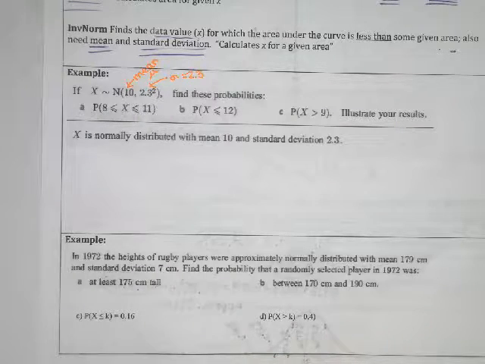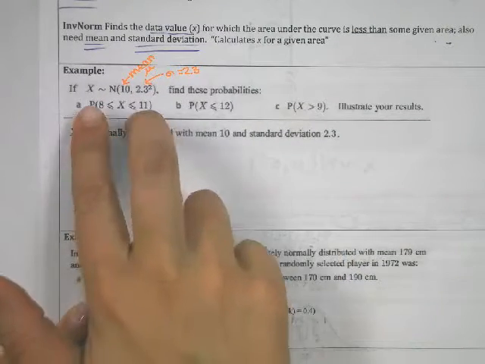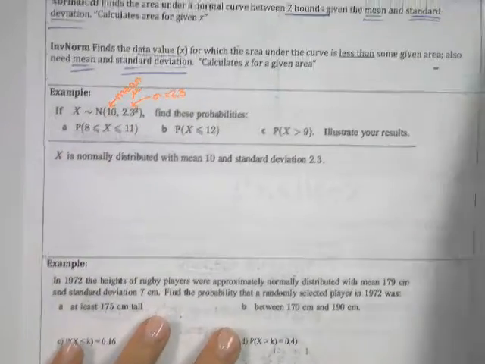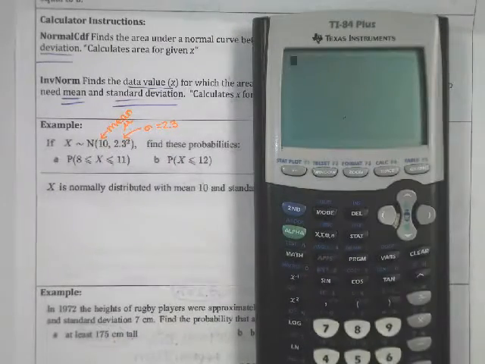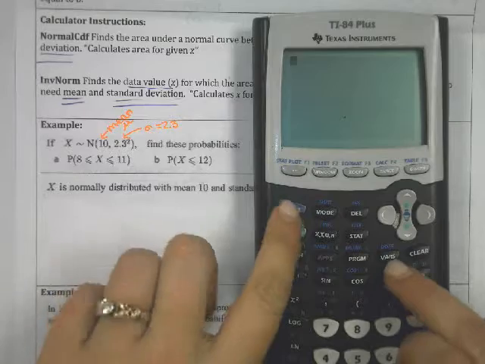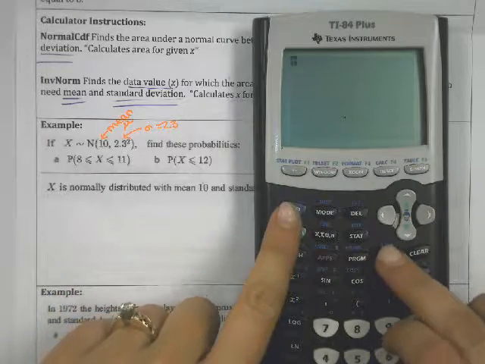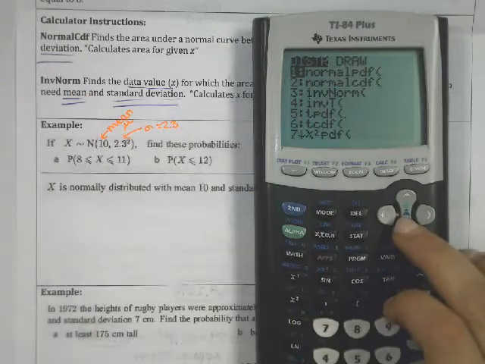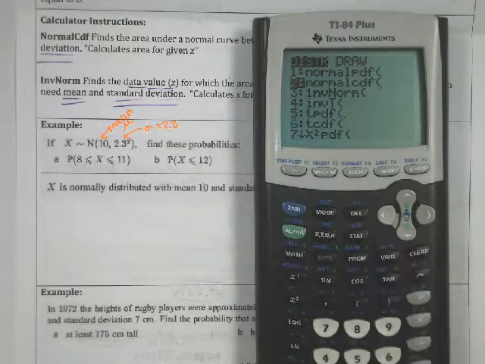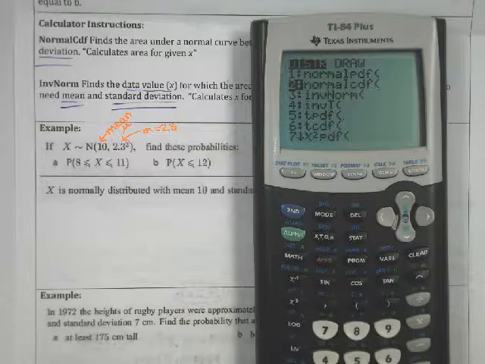So we want to find the probability that our value is between 8 and 11. So we're going to go calculator. You have to have a graphing calculator. Practice pushing these buttons on your calculator. So we're going to go second vars, and that's where normal CDF and also inverse normal appear. So we're going to use normal CDF today.